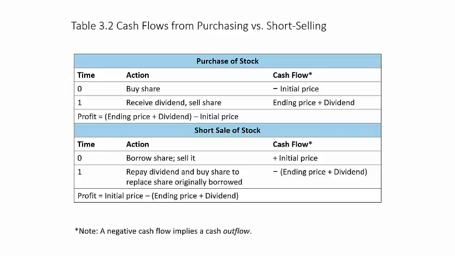So your profit is your initial price minus your ending price plus the dividend. So you see you're making profits in different spaces. When it comes to the purchase of the stock, you want your ending price to be higher. When it comes to the short sale, you want your ending price to be lower.